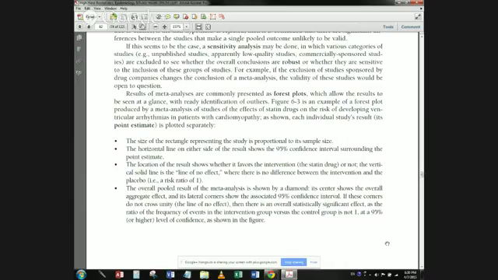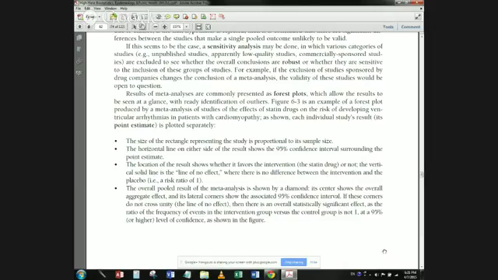As shown, each individual study's result, its point estimate, is plotted separately. The size of the rectangle representing the study is proportional to its sample size. The horizontal line on either side of the result shows the 95% confidence interval surrounding the point estimate.